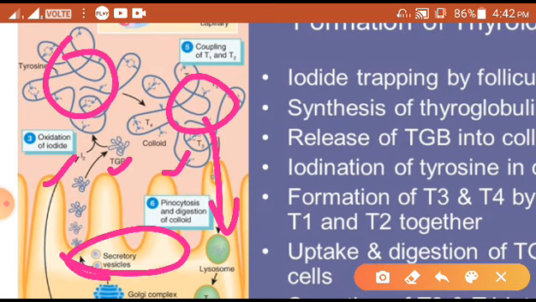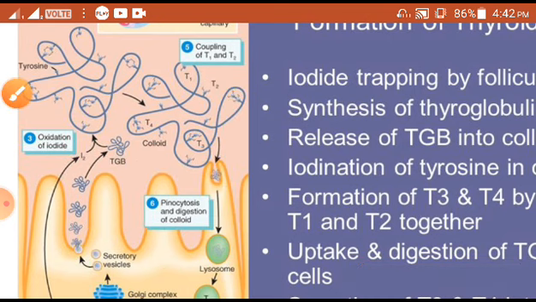So from the basal portion it goes out, and from the apical portion it comes back into the follicular cells, okay. Now I hope you understood.